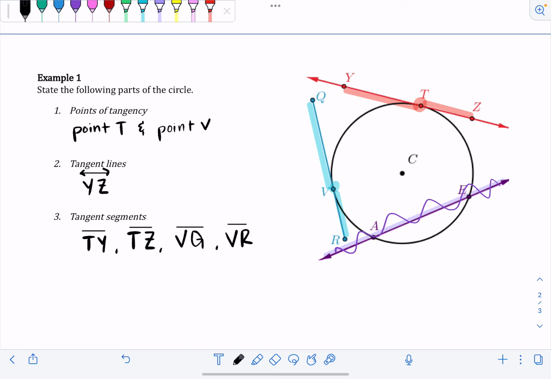Again, you can switch the order of all those letters and it's the same segment, but I want to stress that a tangent segment will have one endpoint on the point of tangency. So I would not describe a tangent segment as QR, because the endpoints of QR are Q and R, and neither of those are the points of tangency.